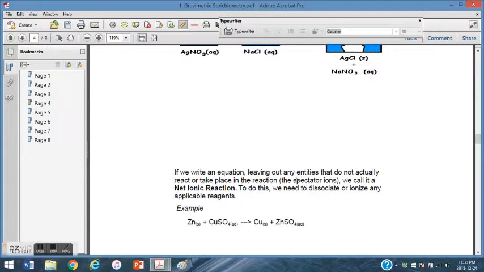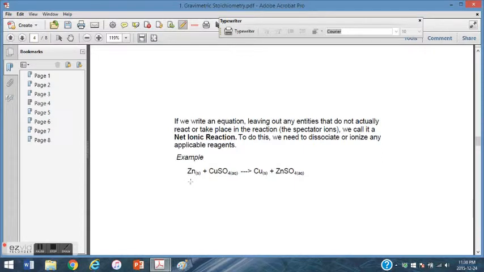Now, if we write an equation and we leave out any entities that don't actually react or take place in the reaction, we call this the net ionic reaction. To do this, we need to dissociate or ionize any applicable reagents. So, we can write out our chemical equation. It shows all the ions. Then if I want to go to a net ionic equation, I have to figure out first of all, okay, copper 2 sulfate, that's aqueous, that's dissociated.